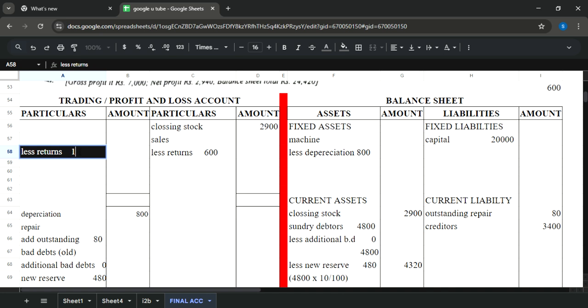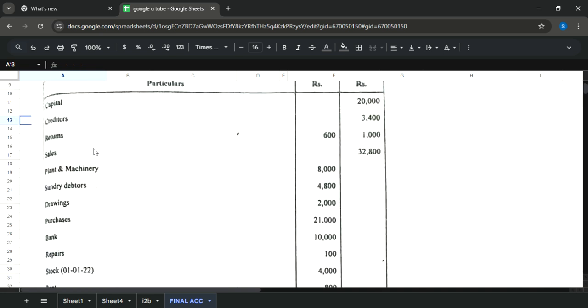So here you will mention 1000 and then we will seek purchase later on. So both returns we have written. 600 was present on the debit side, that is why we have considered it sales return. 1000 was present on the credit side, that is why we have written it in purchase return.